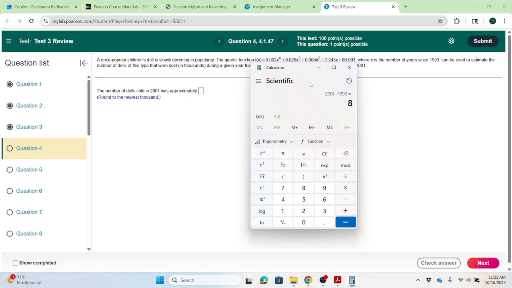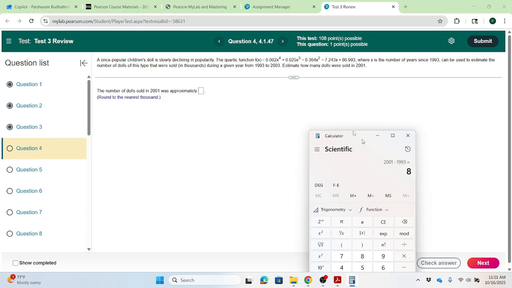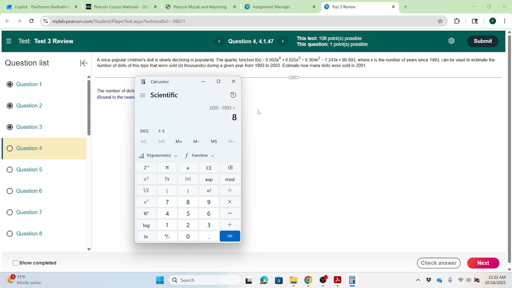1993 to 2001 is 8 years. So put x equal 8 here, and whatever value you get, that would be your answer. You can use your scientific calculator. So I'm going to use that here. 0.002 times 8 to the power 4. Okay, that's the first expression.